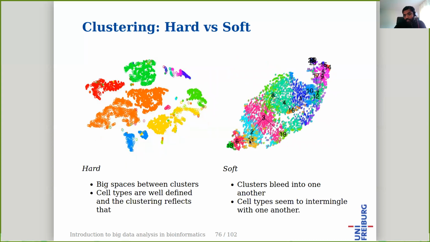Because in such soft clustering, what you see here is how the cells actually mature. So how the cells of one type differentiate to another type, and then to another type, and so on. In the end, they form some mature cell types.